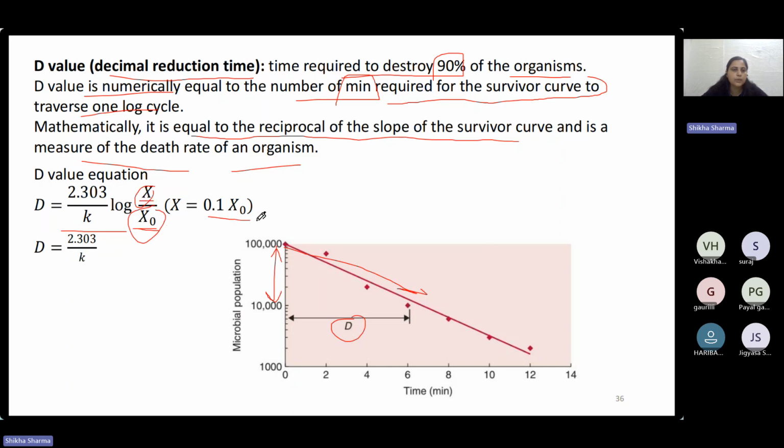So x here will be 0.1 of x naught, which is a 1 log cycle reduction, so it will be log of 0.1, and D value will be 2.303 by k.